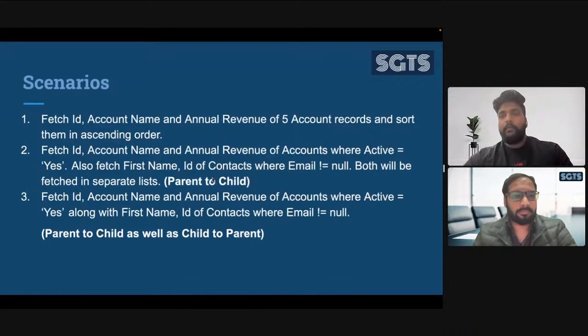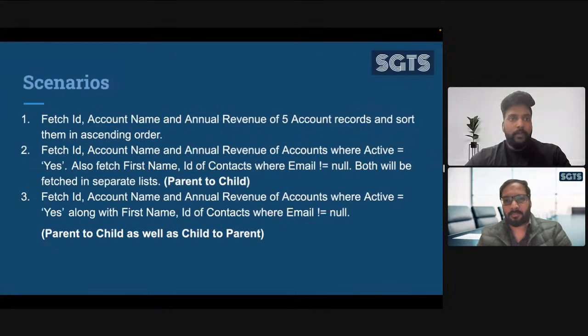We will be playing around with the account and contact objects, which are related to each other. I will implement this scenario in various ways, so that we will be able to identify how to work with related records, and from different requirements how to implement those requirements.